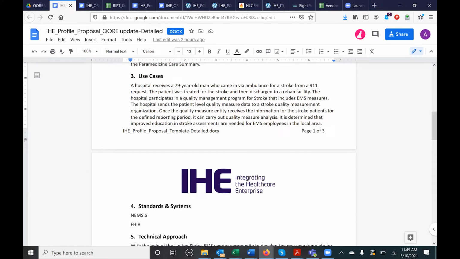So just some awareness for that as well. It may not be something that you are going to consume, but it might be something that a stroke registry or a trauma registry will want to know as well. I hope that answers your question.